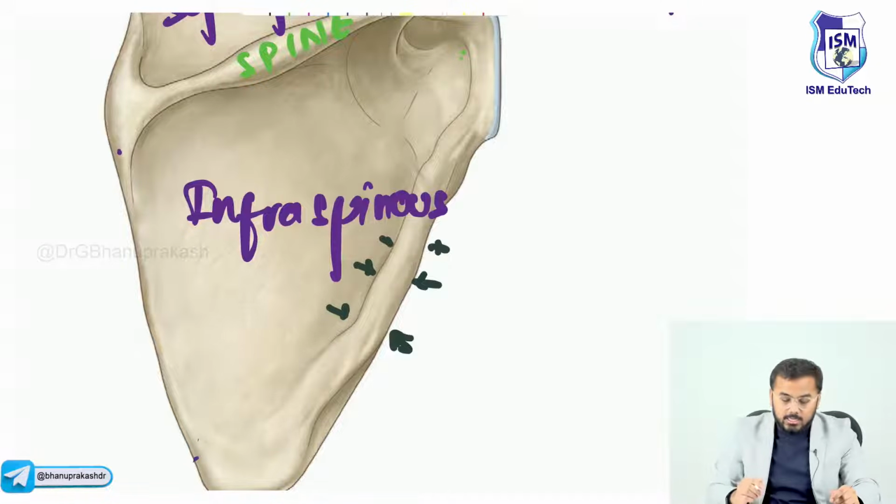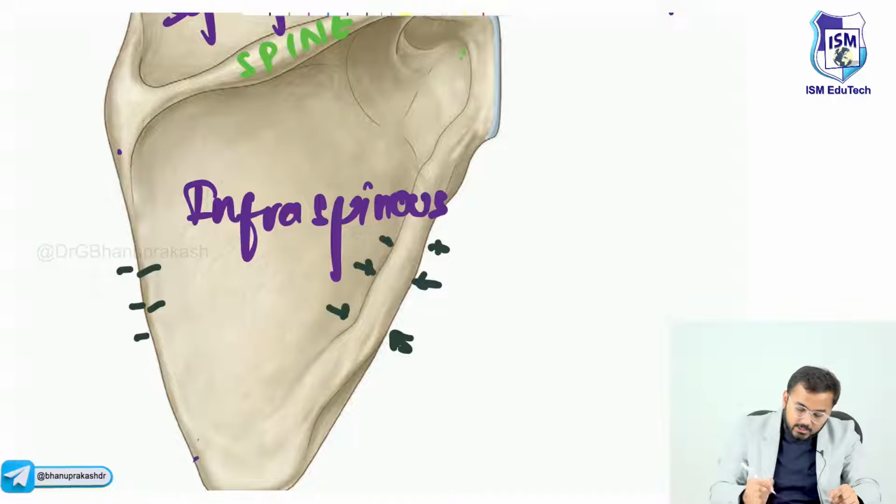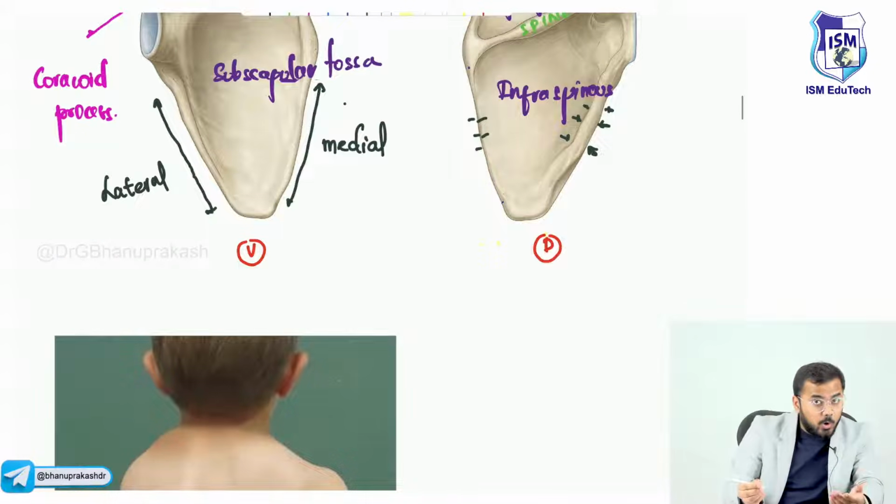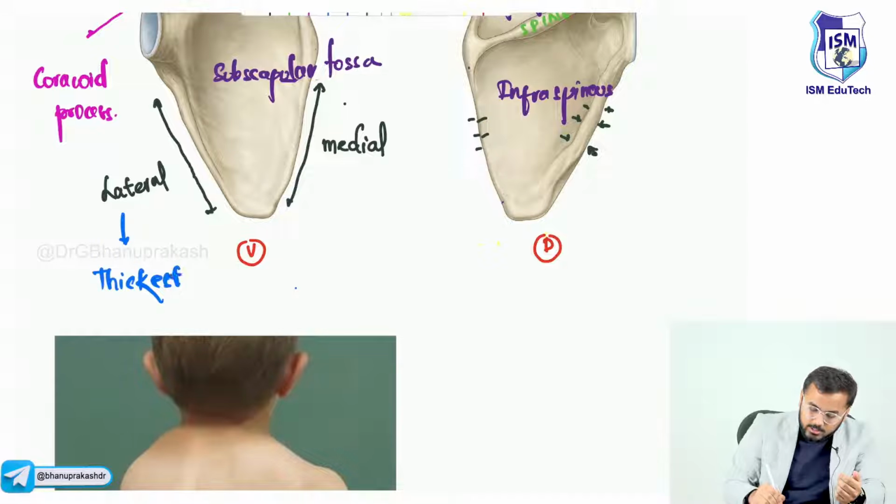The medial border of the scapula is very thin. So that is the reason why you call the lateral border of the scapula the thickest border, and it is also called the head of the scapula, right?